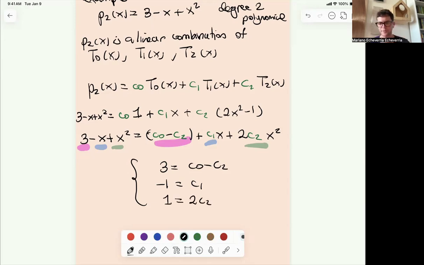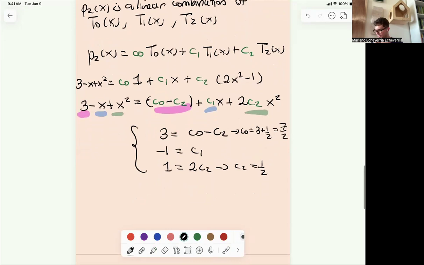I did it on purpose so that it would be a simple system to solve. That gives you that C2 equals 1/2, right? And you already have the value for C1 here. Then C0 equals 3 plus 1/2, and that is 7/2.